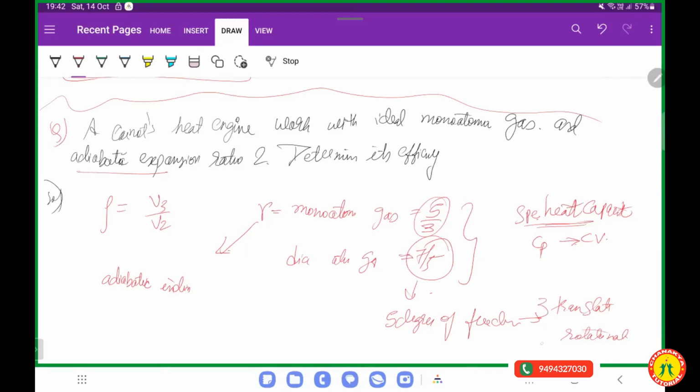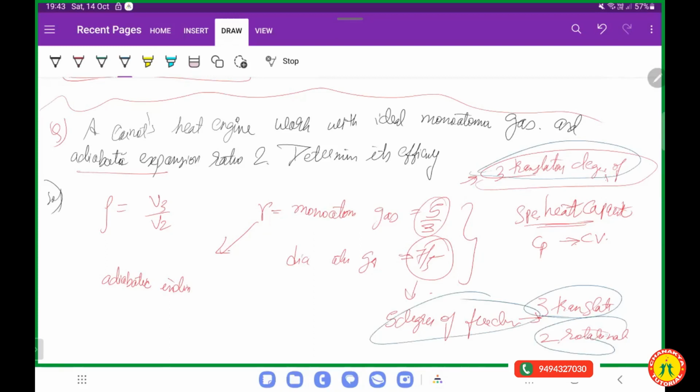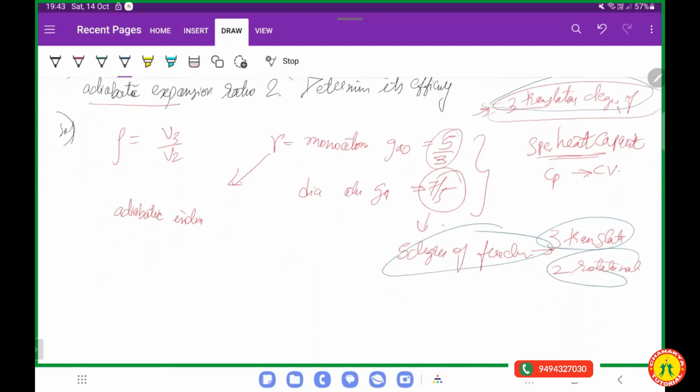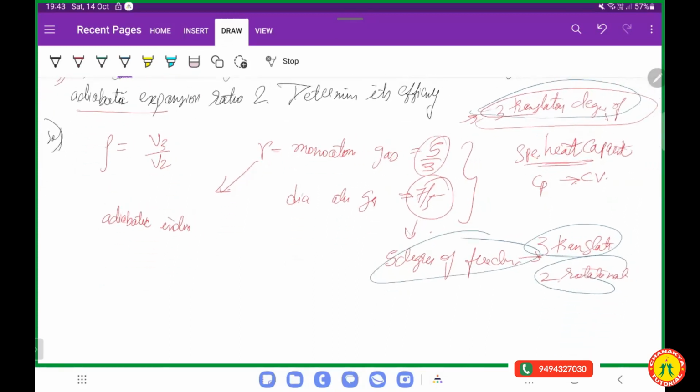Three translatory, 2 rotational, total 5. A monoatomic gas has 3 translatory degrees of freedom. Motion means movement. Some little extra information. Okay, let's come back to the question.